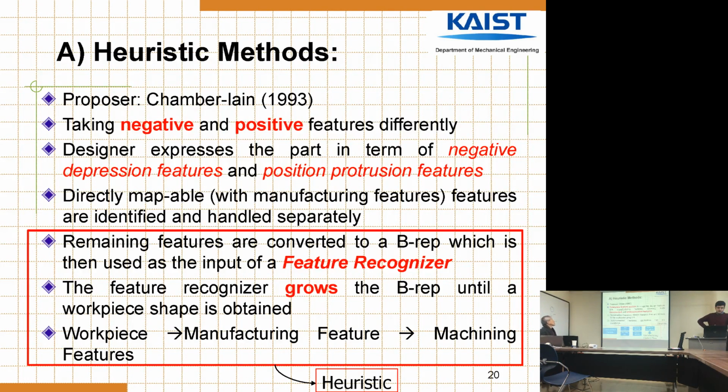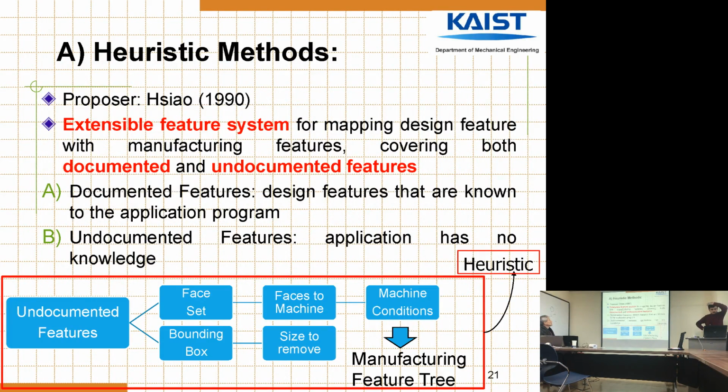Second was proposed by Xiao, 1990. So something like, he said, a database, like an extensible feature system for mapping only this case of design feature with manufacturing feature.